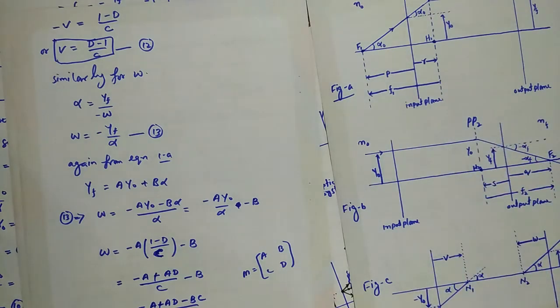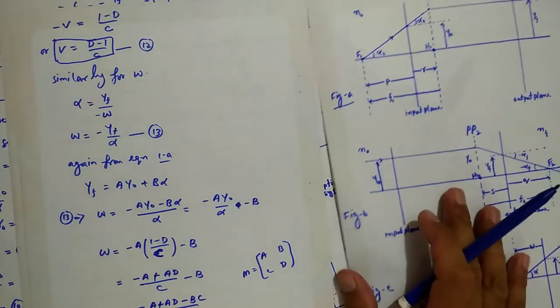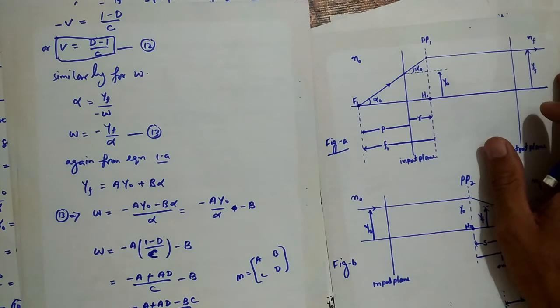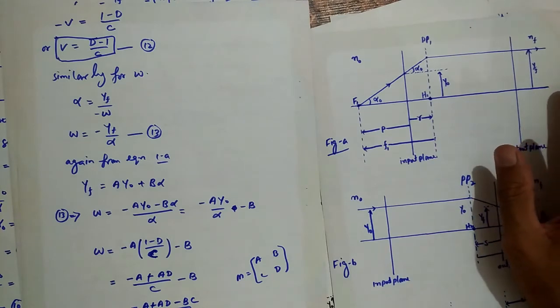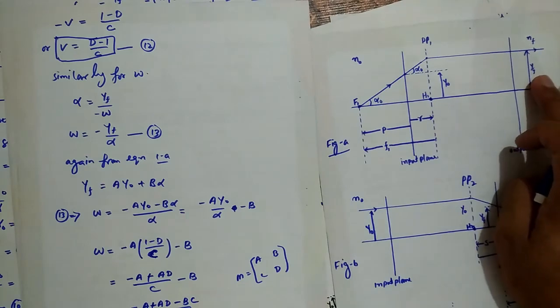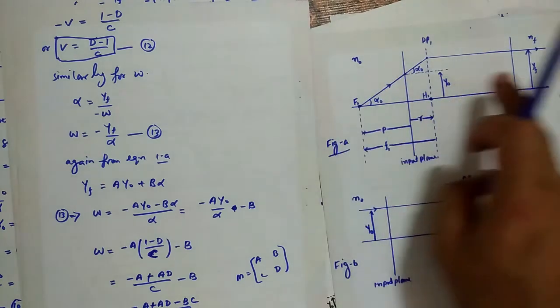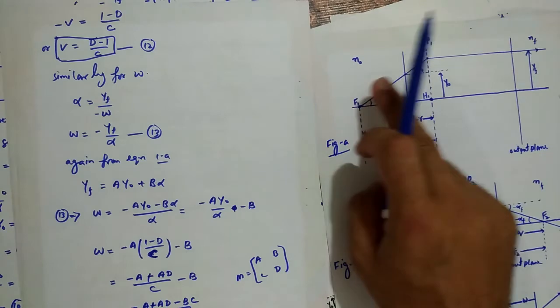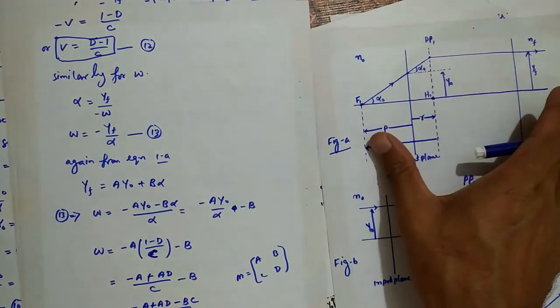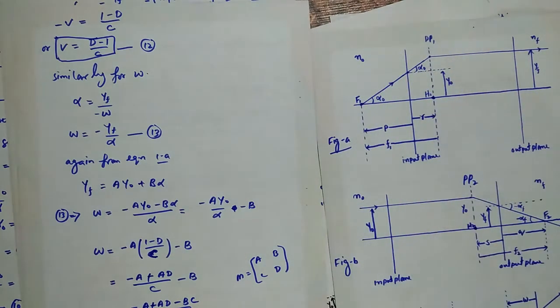So we consider here that the front media and back media of the optical system are different, having refractive indices N0 and NF. However, if these two media are the same, if N0 is equal to NF, or we assume that both the mediums are air, then N0 and NF will become 1.